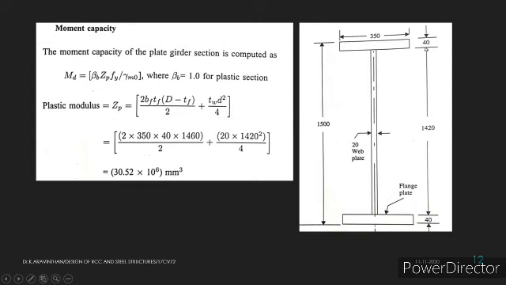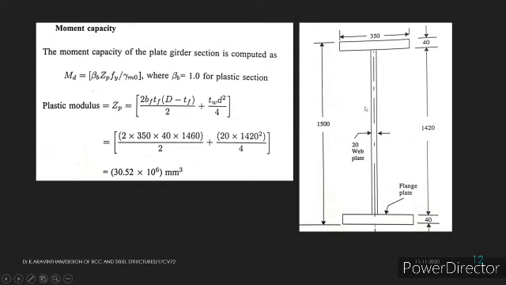So if you multiply this, 2 into breadth of flange 350, thickness of flange 40 and d minus thickness of flange, so you will be getting 1460. We have considered only one flange. If you divide this, you will be getting the centroid and the distance of the single flange. So from the centroid, the section modulus will be at this distance. So for that we are dividing it by 2 plus thickness of web.